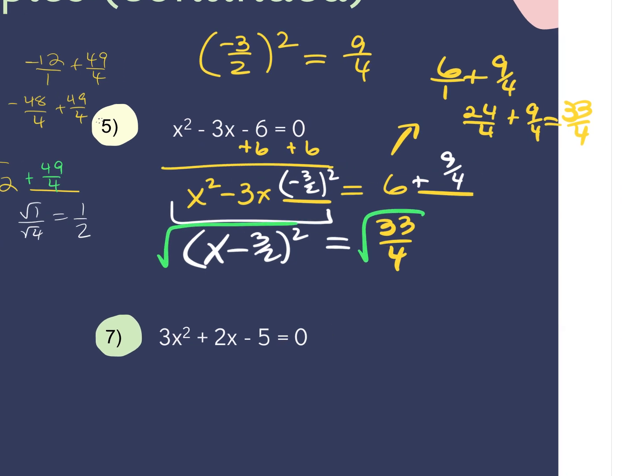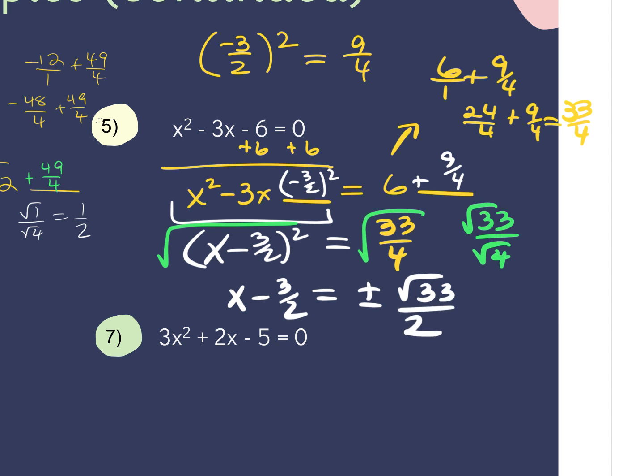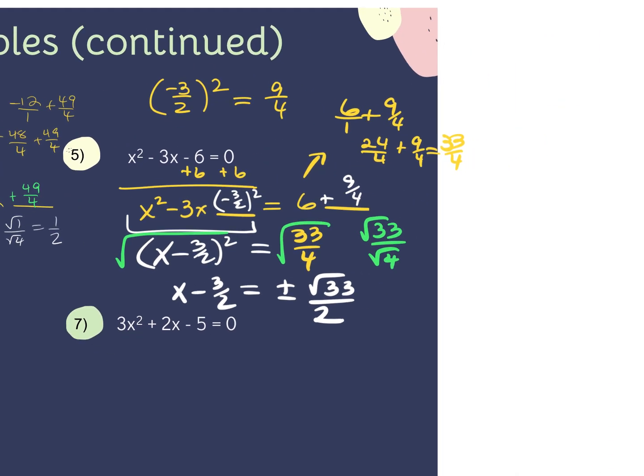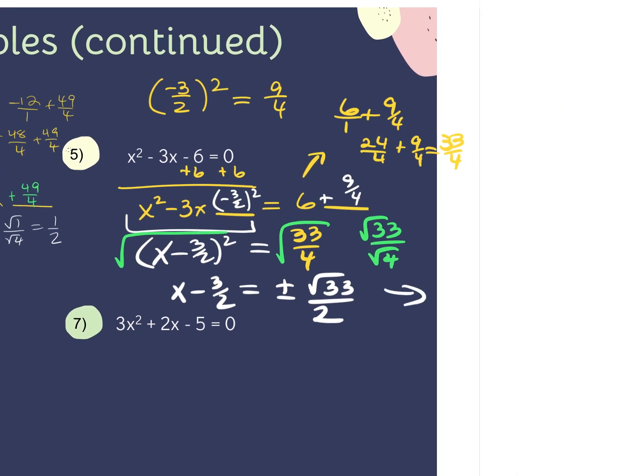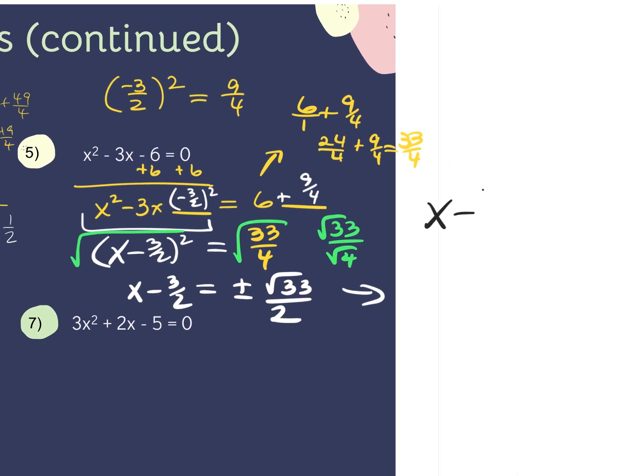And again, when I square root this, I can do it individually. So then this will become x minus 3 over 2 equals plus and minus square root 33, but then the square root of 4 is a positive 2. So let me come over here to the side. So now I have x minus 3 over 2 equals plus or minus square root 33 over 2.